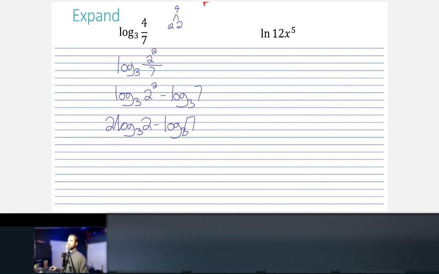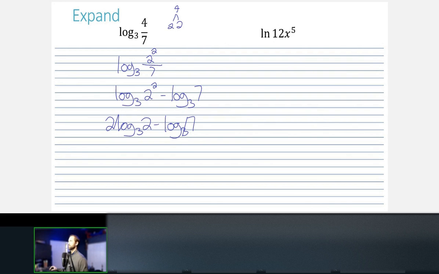So, for example, let's say we had parentheses around 12x. Now, can we move the 5 in front of the natural log if that was the original problem? Yes, we can. Absolutely. But because the exponent is only attached to the x, we are not allowed to bring that 5 in front of the natural log.